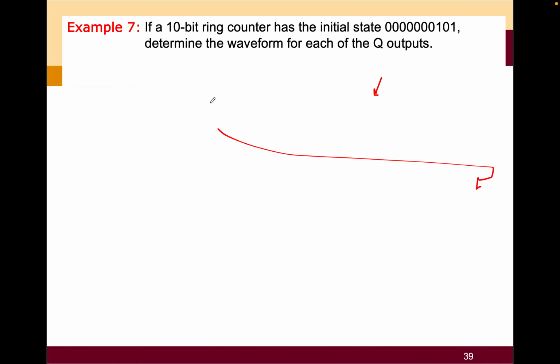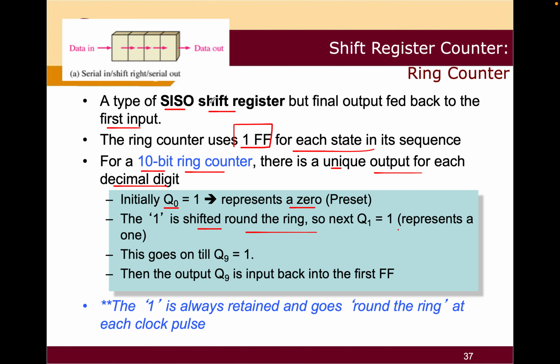But if you remember at these stages, Q0 equal to 1 is represented as 0, which is preset. That is the thing that I mentioned. You need to read carefully by yourself to understand, and then look into the example.